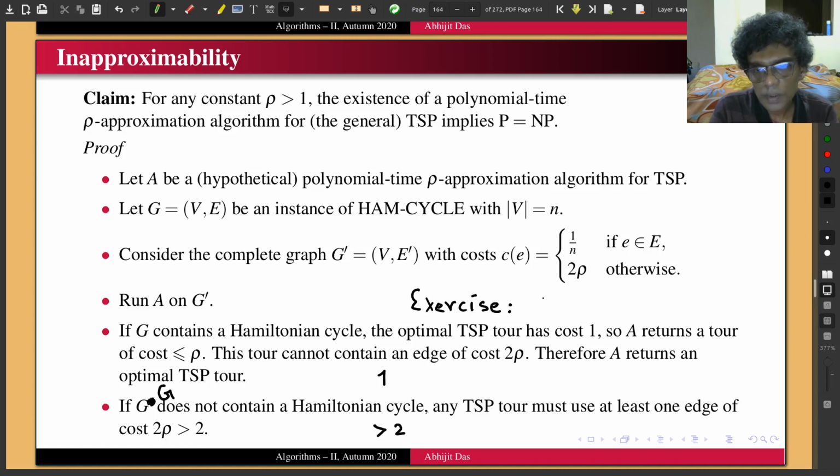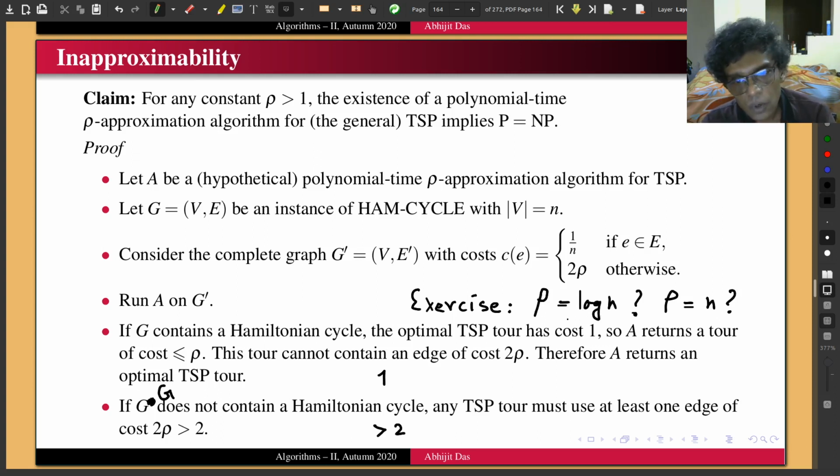So, can we have something like rho equal to log n? Can we even have rho equal to n? Does it make sense? We'll just think over this. So, this construction can be used when rho is equal to log n or rho is equal to n even. Okay. So, I leave it to you as an exercise.